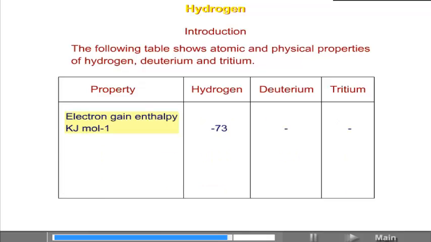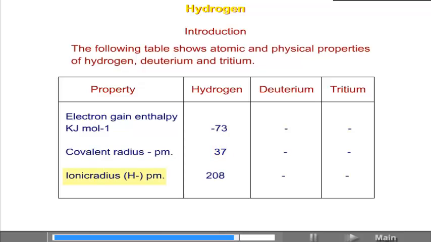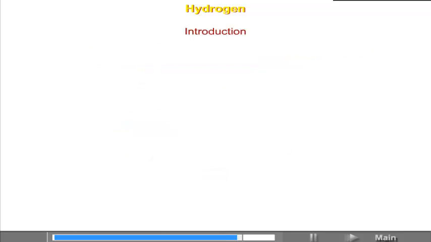Electron gain enthalpy in kilojoules per mole: minus 73 of hydrogen. Covalent radius in picometers: 37 of hydrogen. Ionic radius of H minus in picometers: 208.